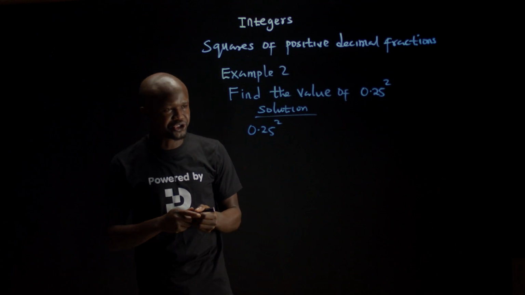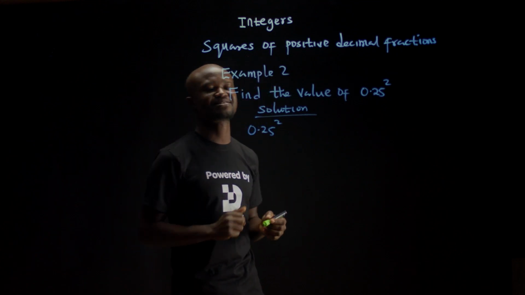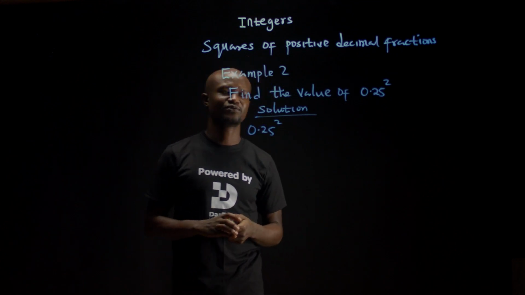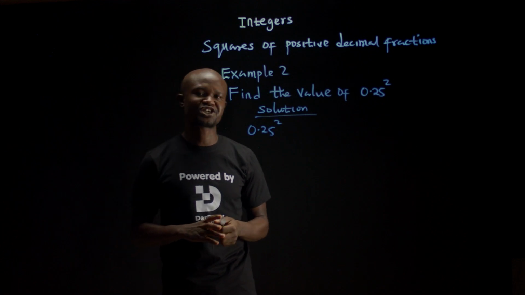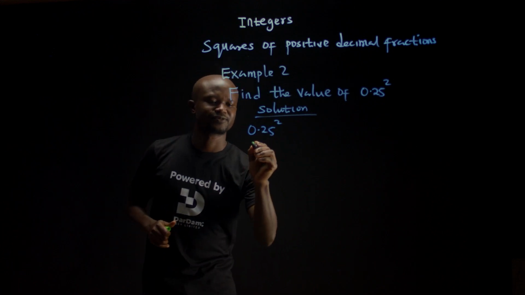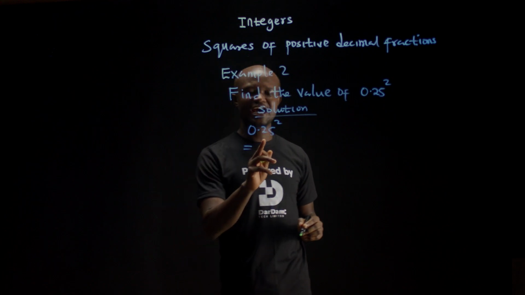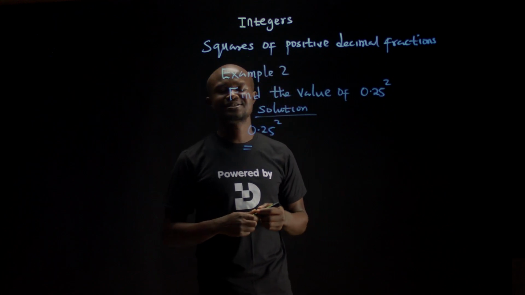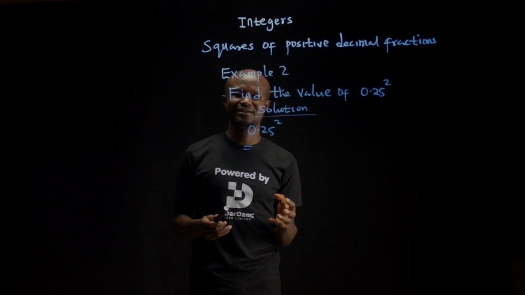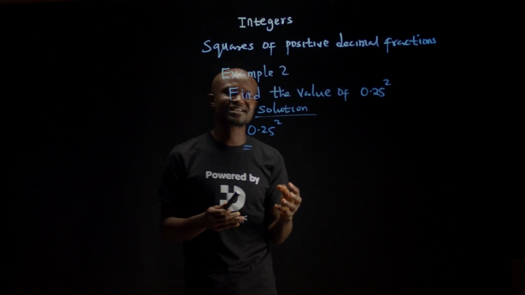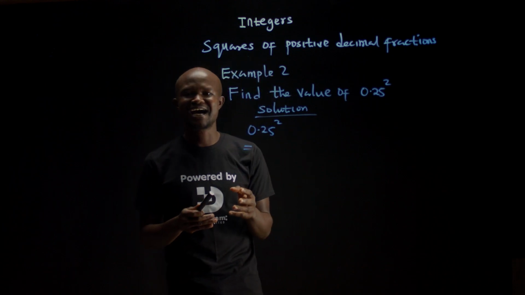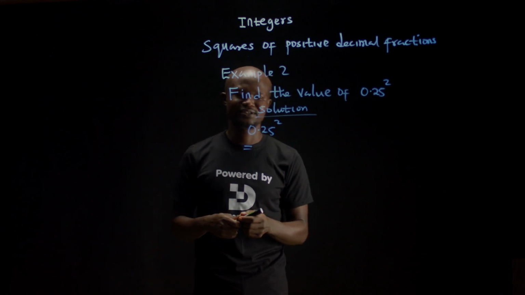The first thing to do is to convert 0.25 to what? To a fraction. After the decimal point, we write out the significant numbers. Significant numbers are numbers that are greater than 0.